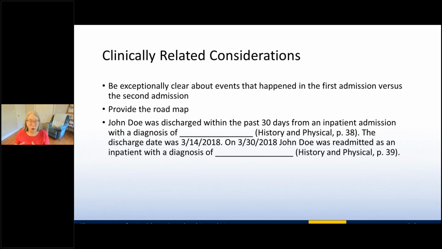So your payer, when you say that the patient was admitted as an inpatient with the diagnosis of this or that, they can go right to the history and physical on page 39 or history and physical page 38 or whatever. That's what we mean by a roadmap. Make it easy for your payer to find your argument support in the medical record.